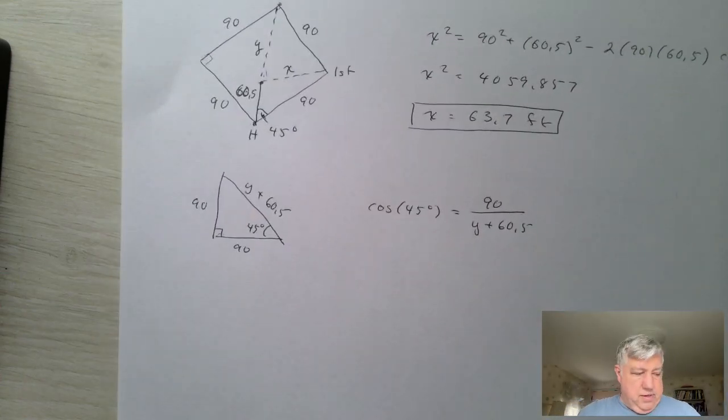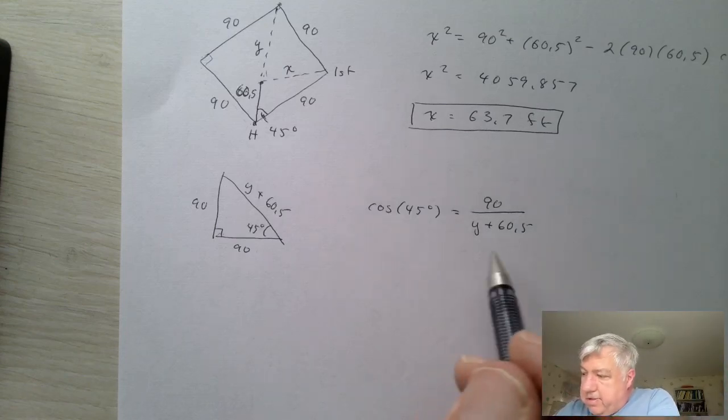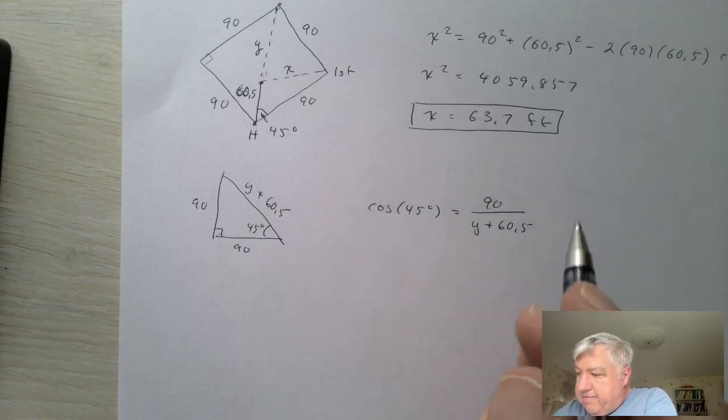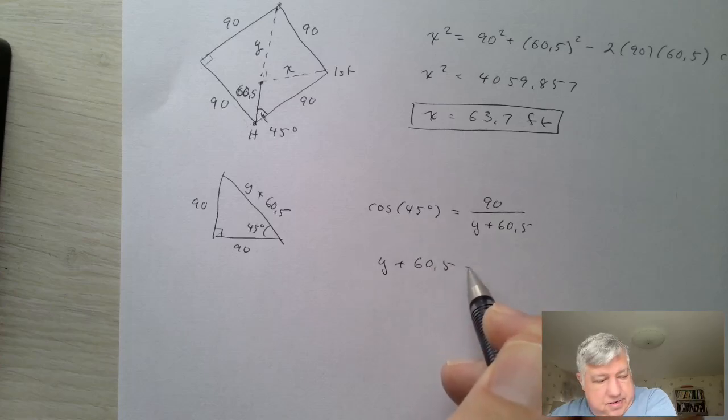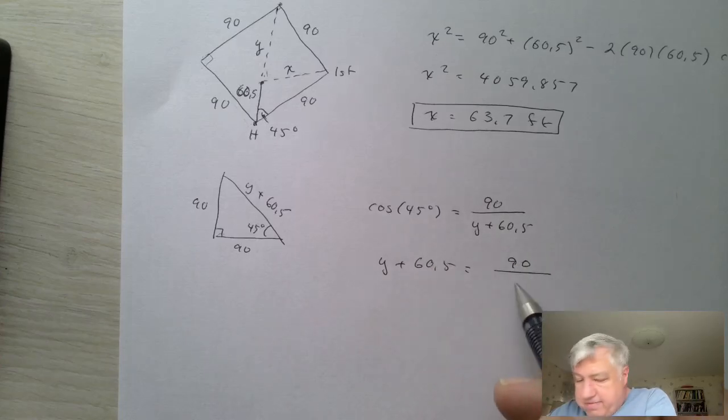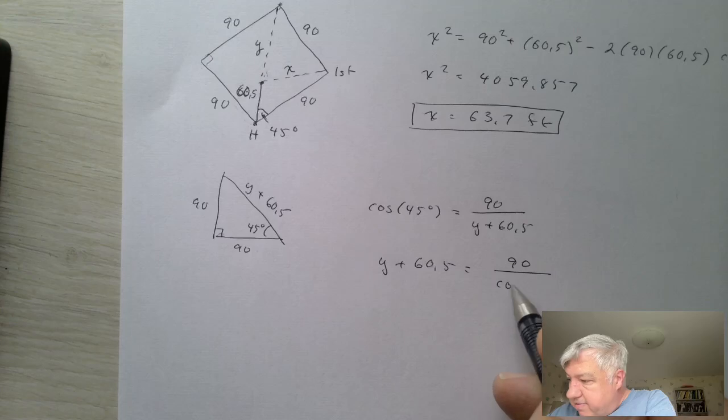We can do a little algebra. We can cross multiply and divide, and we'll get y plus 60.5 is equal to 90 divided by the cosine of 45.